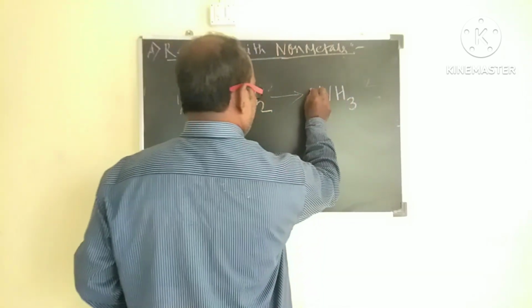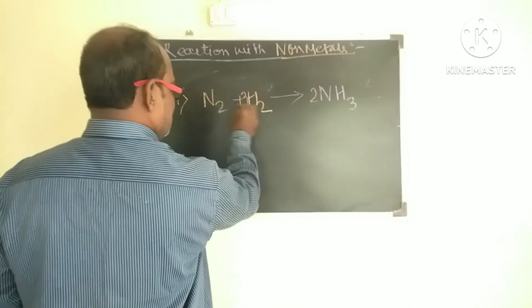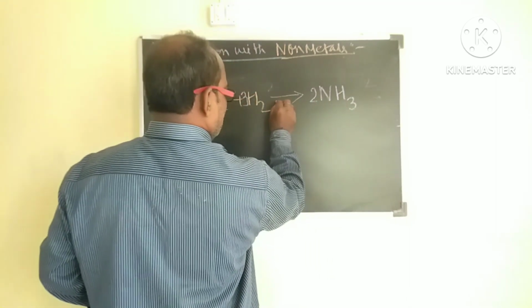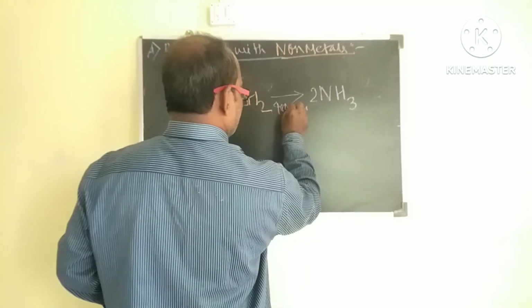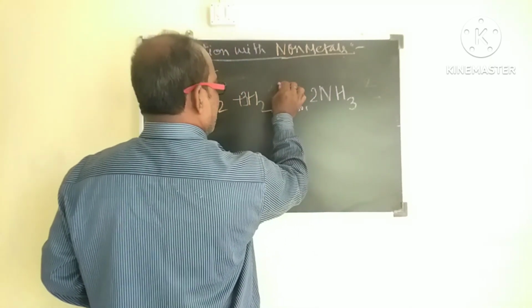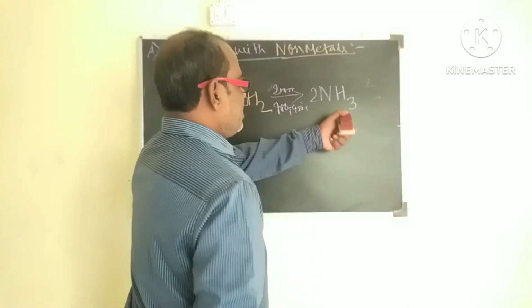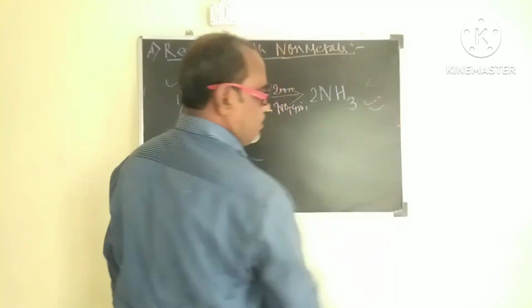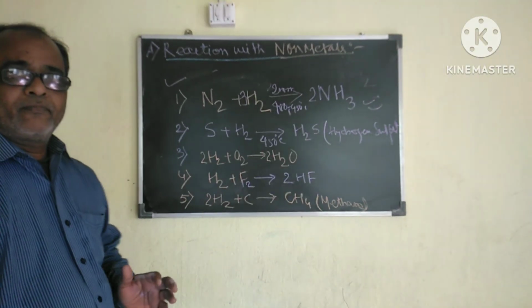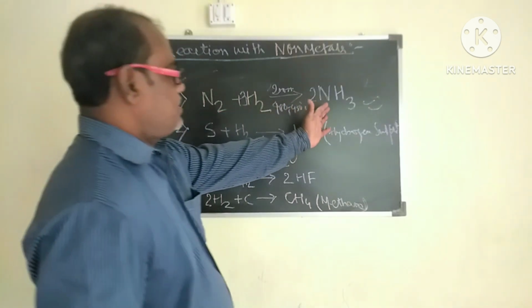So let us write here N2 plus 3H2 gives 2NH3, at around 400 to 450 degrees Celsius, and here the catalyst used is iron. So this equation is a very important reaction. You must know this equation.